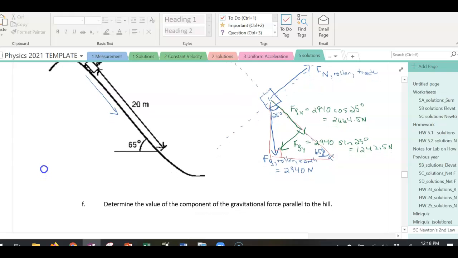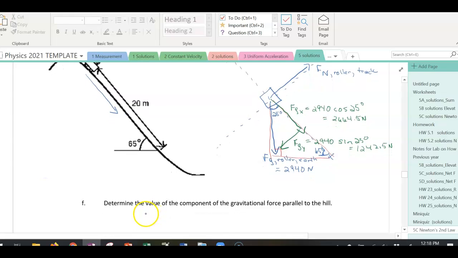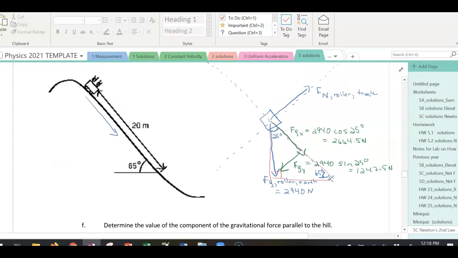Okay, so we have all of the forces in this force diagram. It asks us to find the component of the gravitational force parallel to the hill. Well, that's, of course, F_GX, and we've already solved for that, 2,664.5 newtons. I'm noticing that in the direction perpendicular to the hill, we have the normal force minus the y component of the force of gravity, and that net force perpendicular to the hill is going to be 0 because it's not moving up or down in that direction.